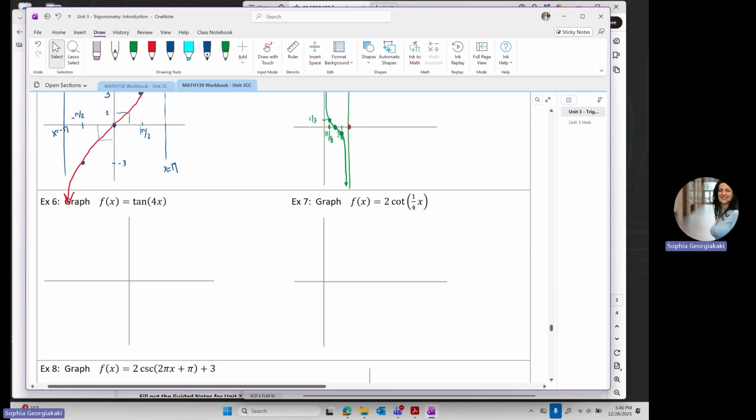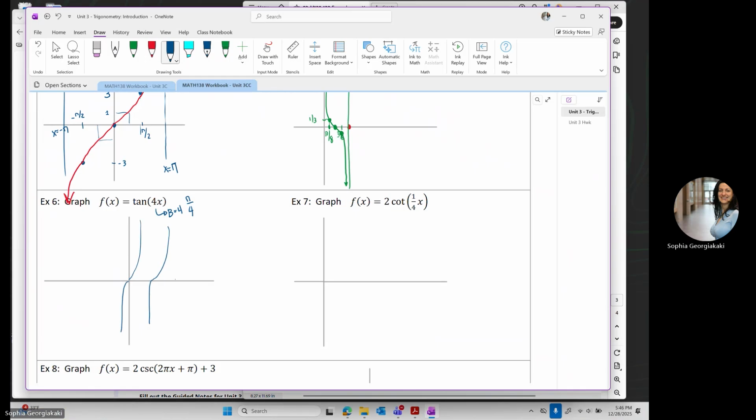The tangent of 4x will have a period of pi over 4 instead of pi. So the graph will be shrunk significantly, and no other changes will be made.